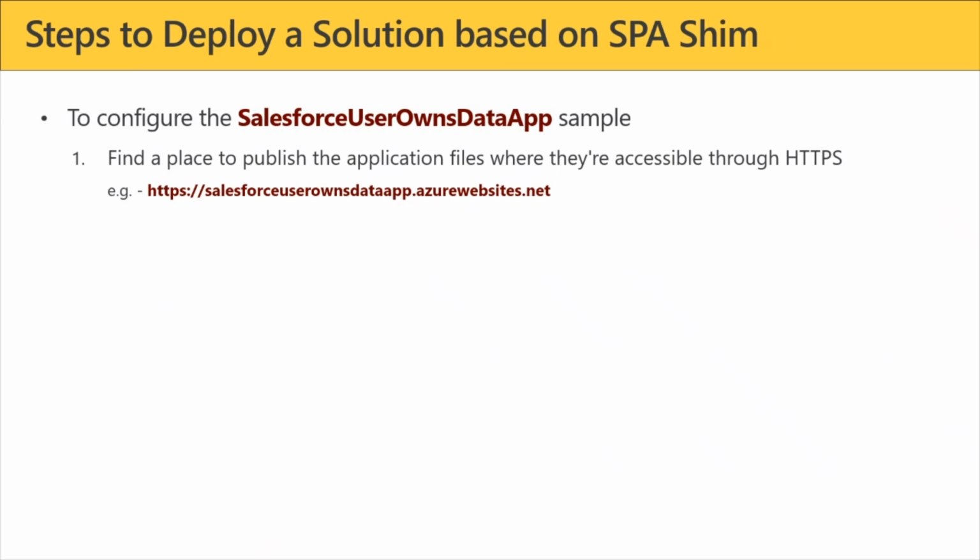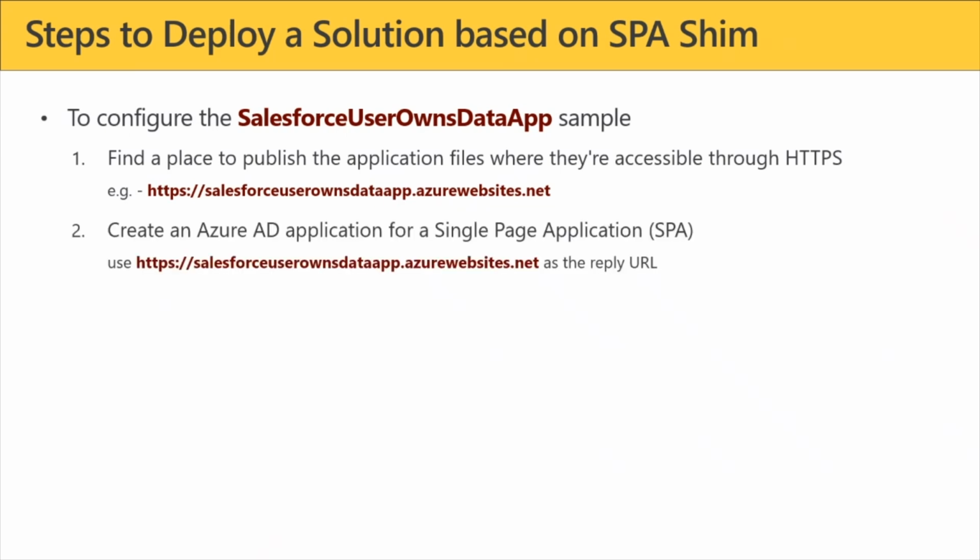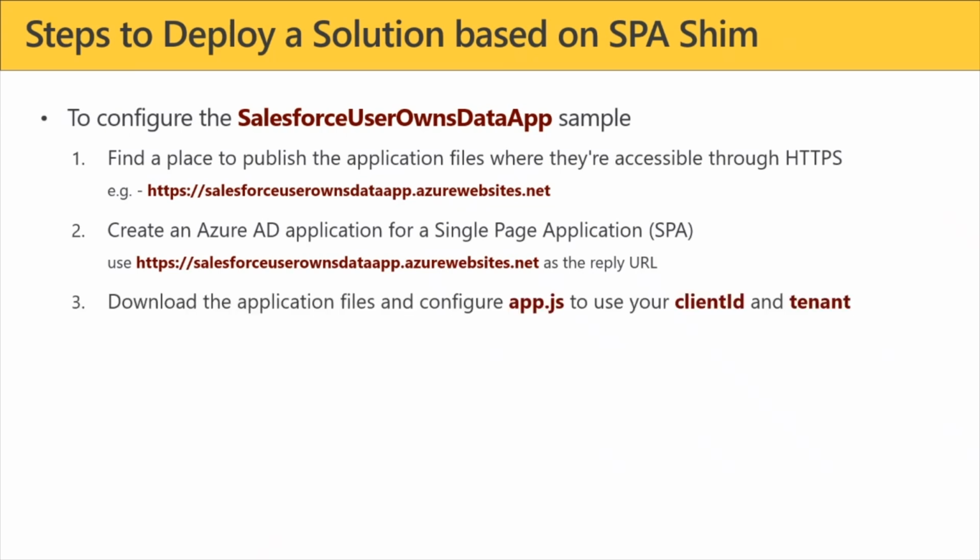So you need a place that you can post your files. Secondly, we're going to create an Azure AD application, and we're going to configure the location of the individual pages where we need authentication as reply URLs.